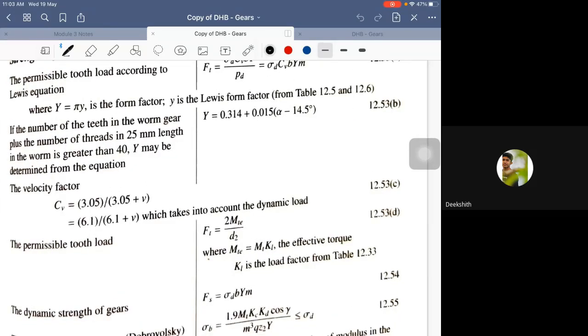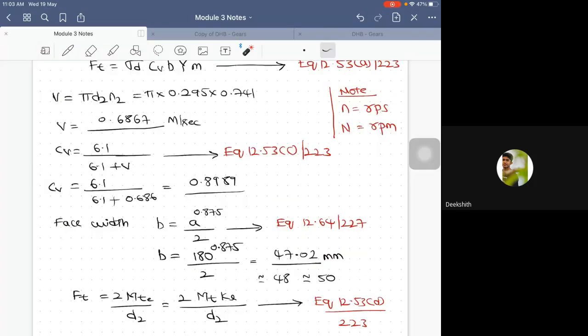This is the permissible tooth load or tangential load, which is given by this particular expression. Here it says it is not just MT, but it is MTE. But further on, he has given clearly that MTE is nothing but MT into KL. That is effective torque. KL is the load stress factor. You can pick it from table 12.33. Now all of you go to table number 12.33 and give me the value of KL.